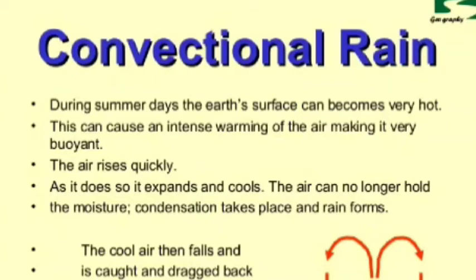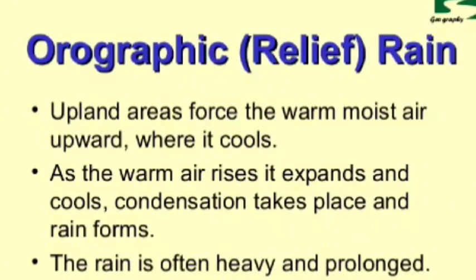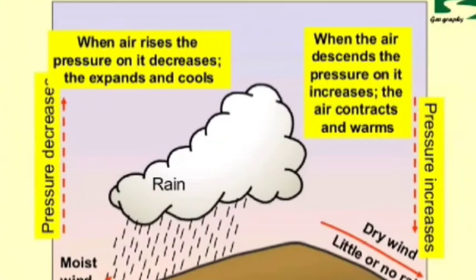One is convectional rainfall. Next, orographic rainfall, also known as orogenic rainfall. And next, cyclonic rainfall.